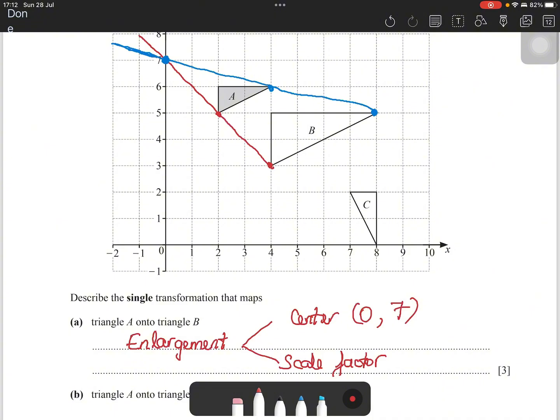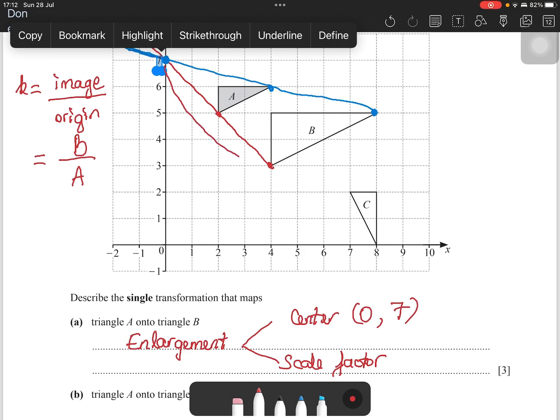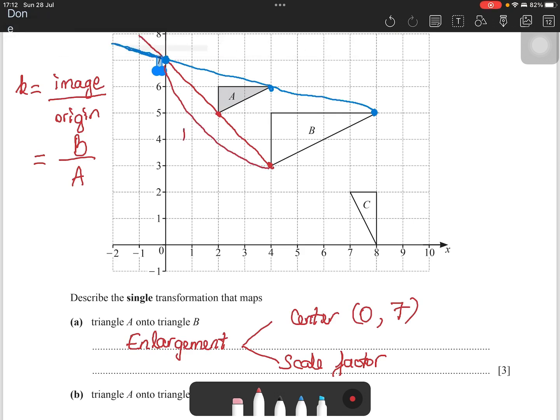Next, we'll find the scale factor. Remember that the scale factor k is always equal to the distance from the center to the image over the distance from the center to the object. In this case, A is the object and B is the image. So the distance from the center to the image is 4 units.